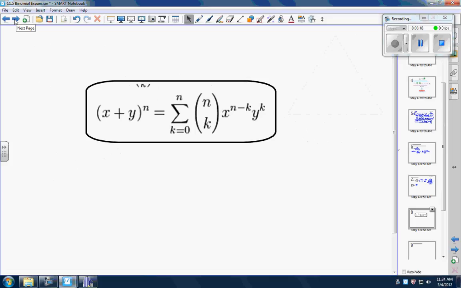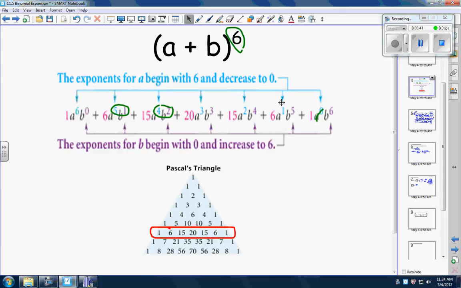Here's a little summation formula just to tie it back to what we've been looking at this chapter. If you want to do x plus y raised to the n, you're basically summing all the terms from 0 to n, combinations, and then here's kind of your exponent thing. Okay, so this formula here represents all the stuff we used with something like this.